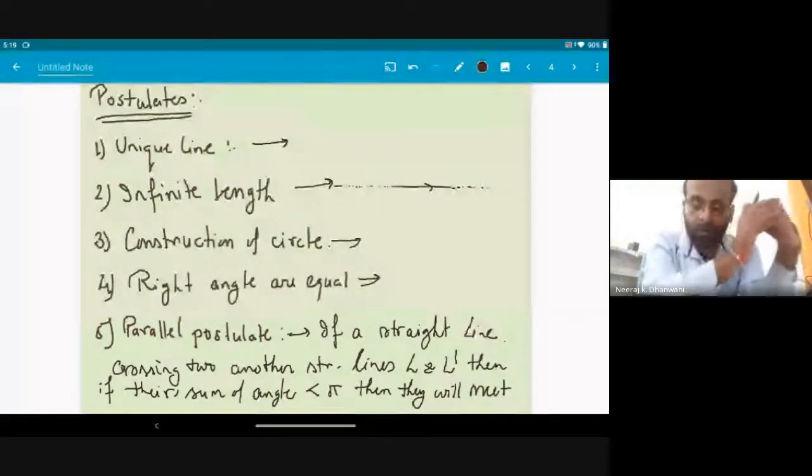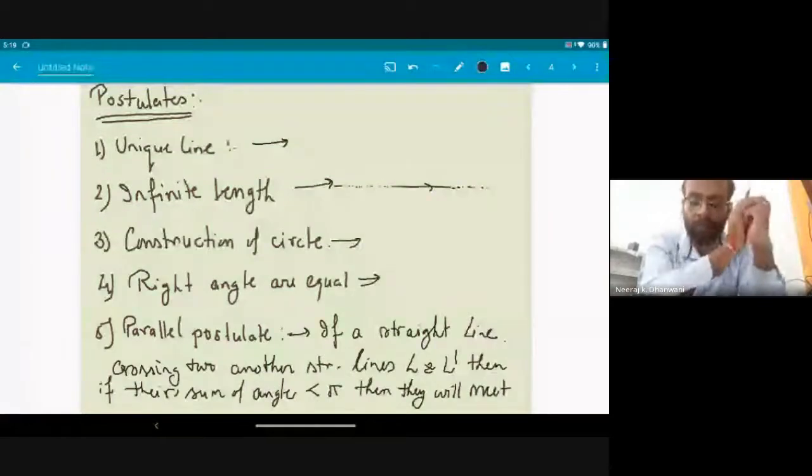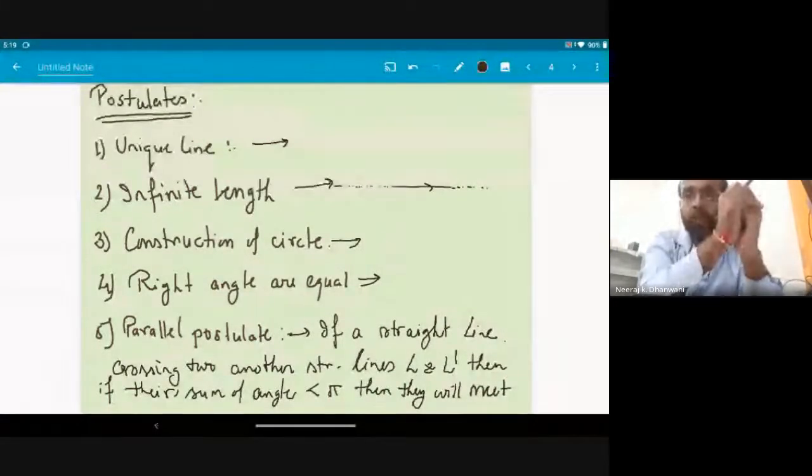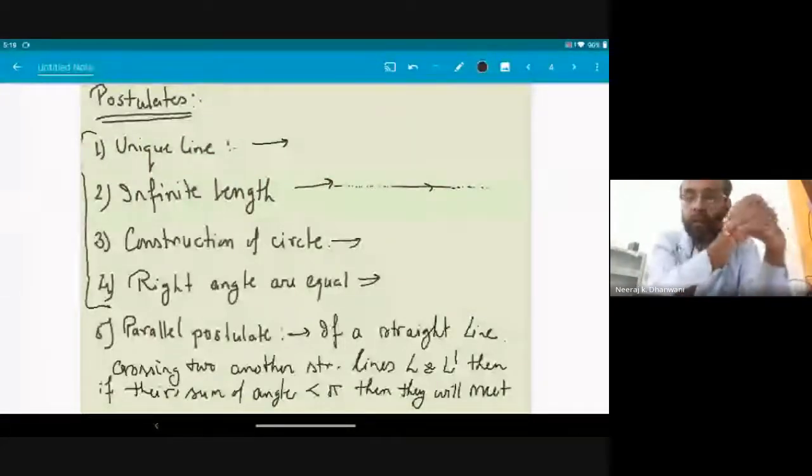But the fifth postulate, the parallel postulate, people were not very sure was necessary to assume. They always thought it could be proven just based on the first four postulates. If I assume the four postulates, I can deduce this using logical statements, which today we call the language of mathematics.